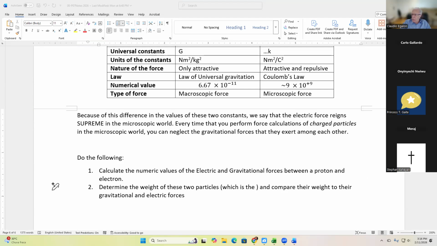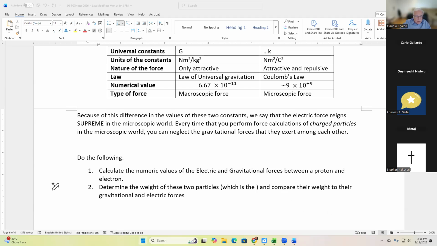The net charge is zero. Yes, Jeremy, the net charge is zero, but not the force. The force is not zero. See the difference? It's very common for us to confuse that.